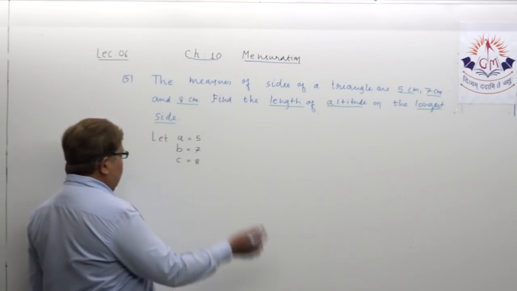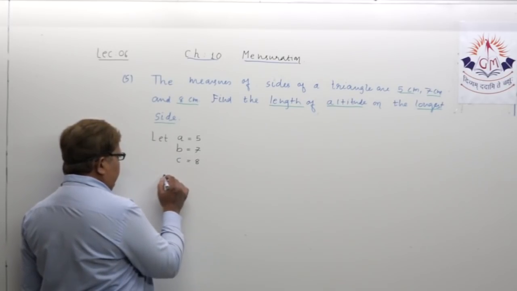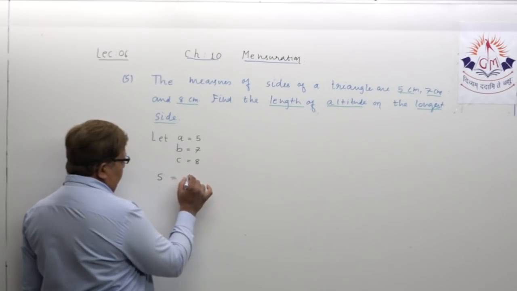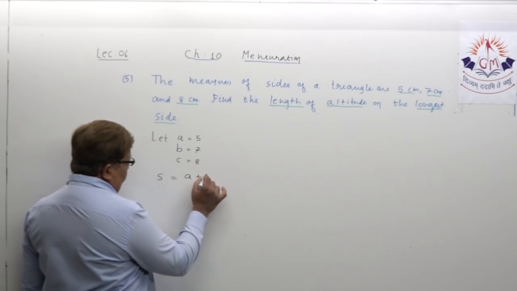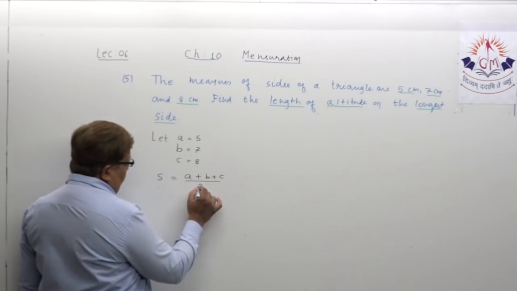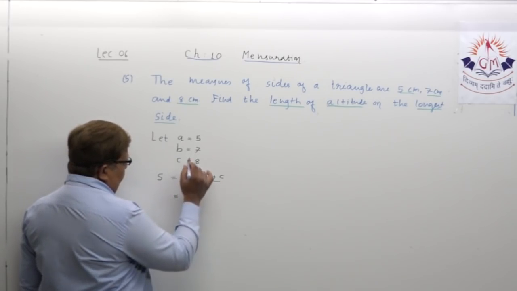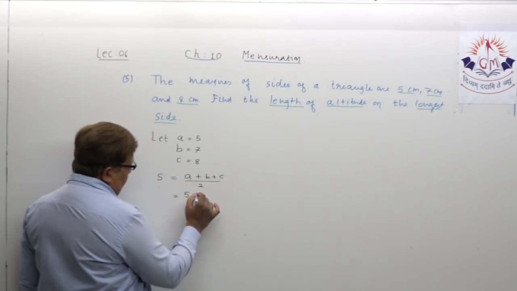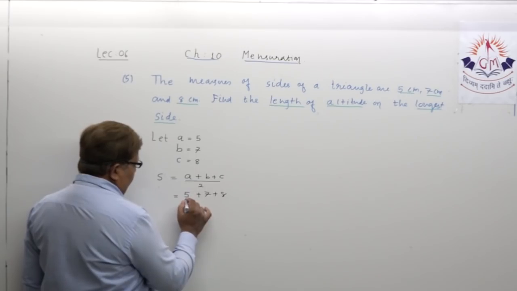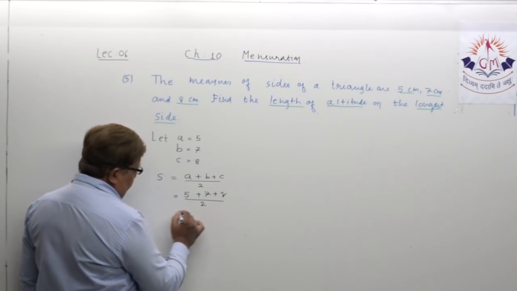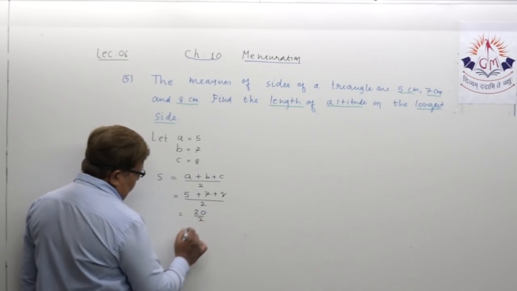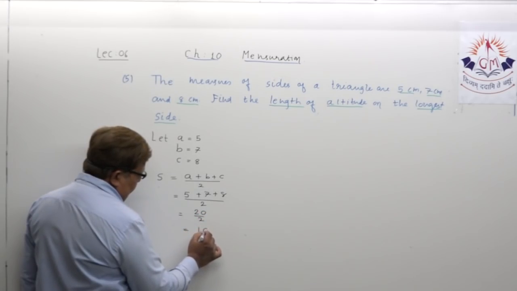Understand? a, b and c are given. Let us find semi-perimeter. a plus b plus c upon 2, 5 plus 7 plus 8 upon 2, 20 upon 2, that is 10.